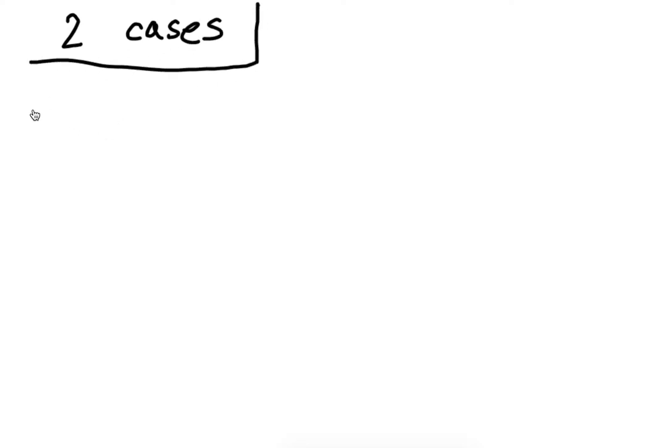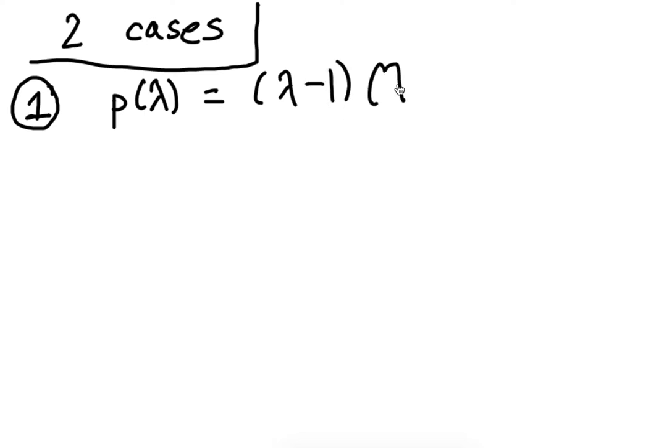Next, let's go through how to check if a matrix is diagonalizable. This is actually not very difficult. There are only two cases we have to know, and the first case is very easy. So case one is when, let's say, you have the characteristic polynomial lambda minus 1, lambda minus 2, lambda minus 3, and you have a 3 by 3 matrix.